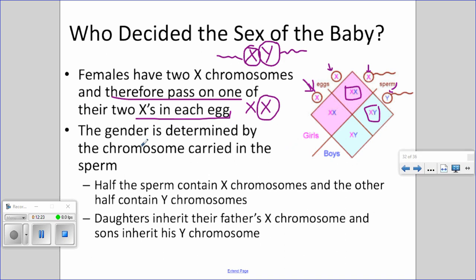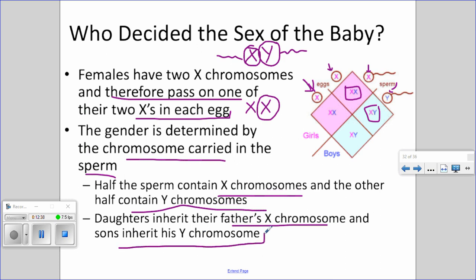So basically, the gender is going to be determined by the chromosome carried in the sperm. So half those sperm contain X chromosomes, and the other half contain Y chromosomes. So daughters inherit their father's X chromosome, and sons inherit his Y chromosome. So it is the father that determines the sex of the baby.